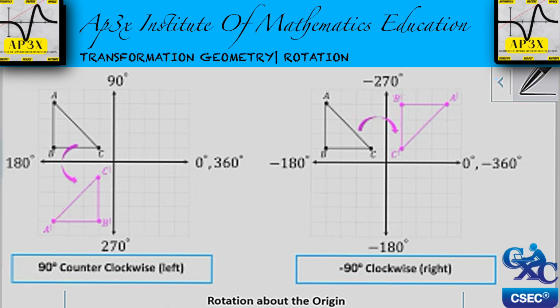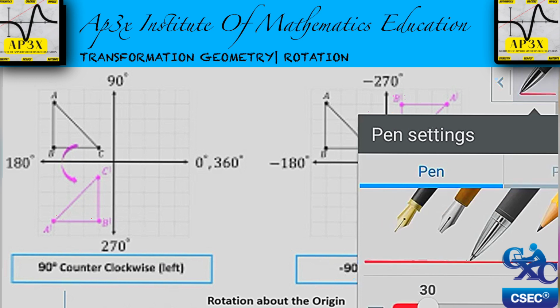What do you mean by that? What I mean is, let's say that I'm here at ABC, and I got to this position, this pink triangle here, by moving 90 degrees counterclockwise. I could actually get to this position by moving clockwise, but I would have to change my angle.